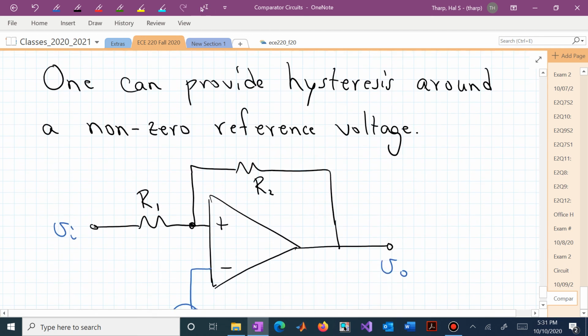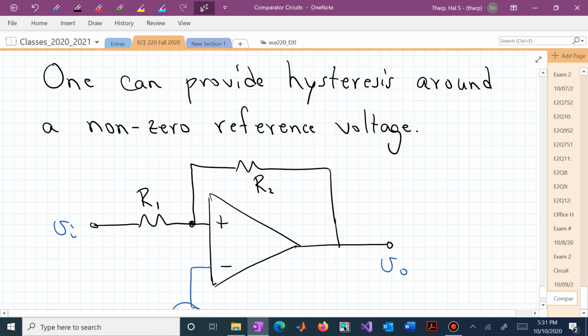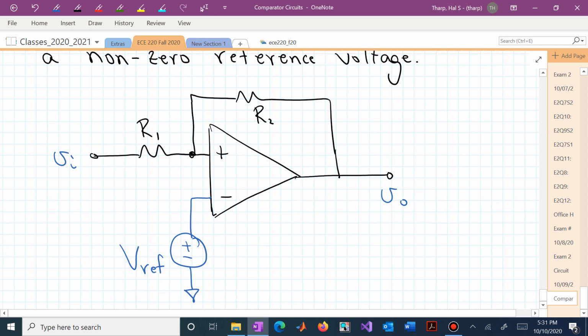One last comment is you can actually provide this hysteresis behavior around a non-zero reference value, and you could now rederive that same relationship, except now you need to realize that V sub p is equal to a different value, because now you have this reference voltage at the inverting terminal and not a value of 0.